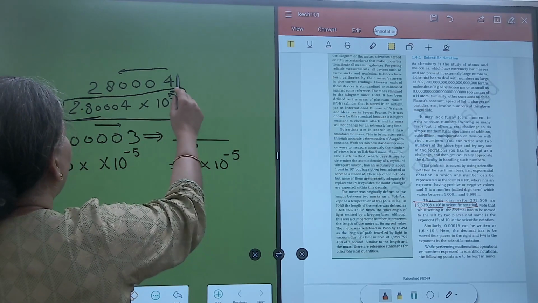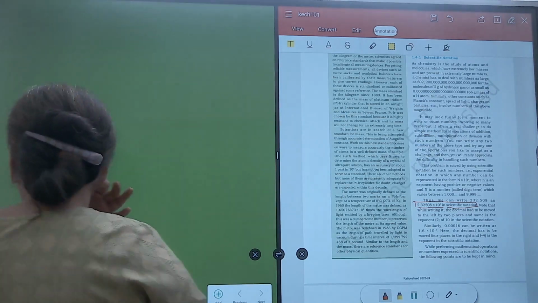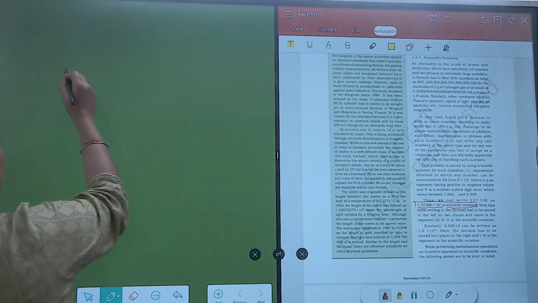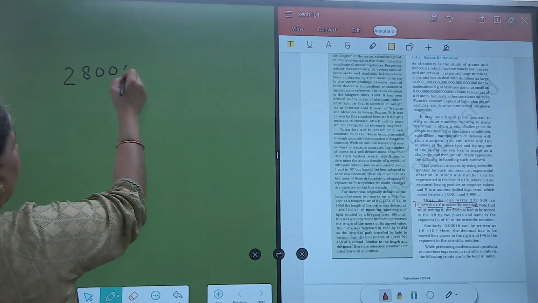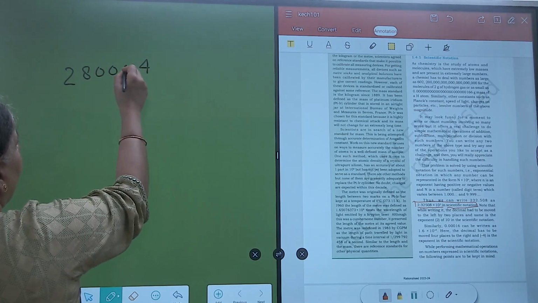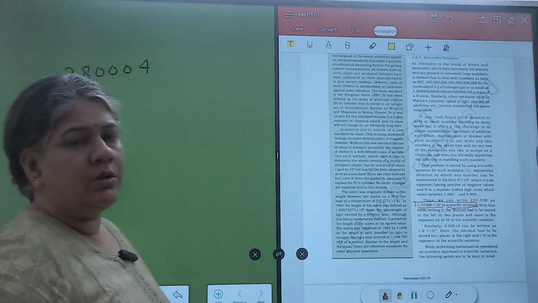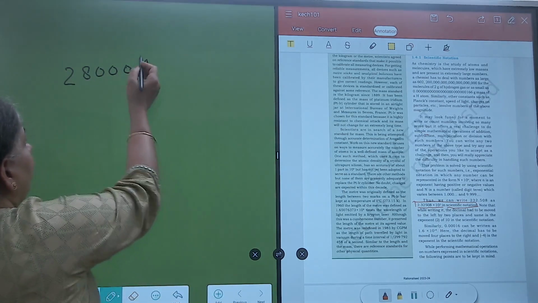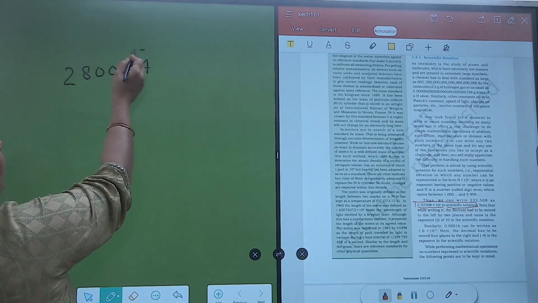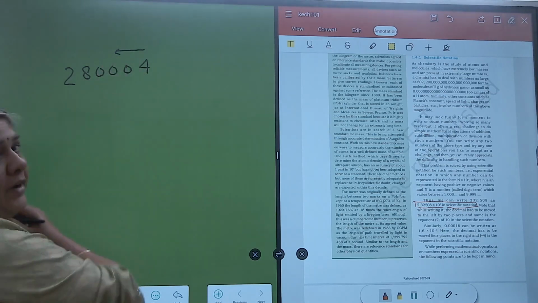Similarly, if we take the number 2800004 and have to convert it into scientific notation, the easy way is to place the decimal and move towards the left.